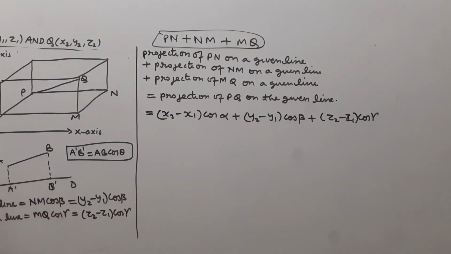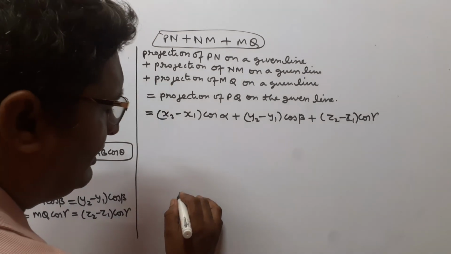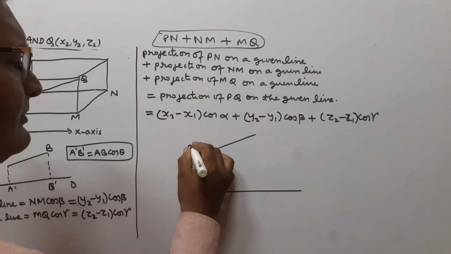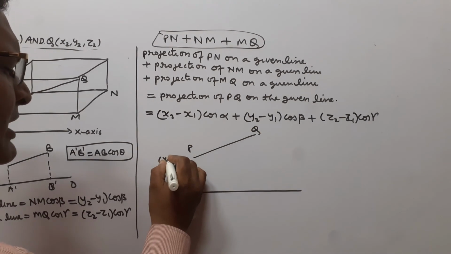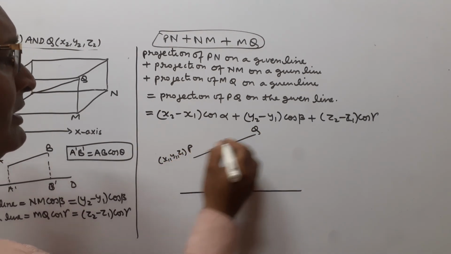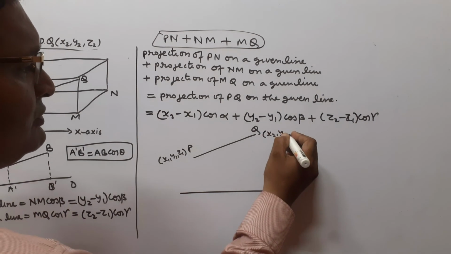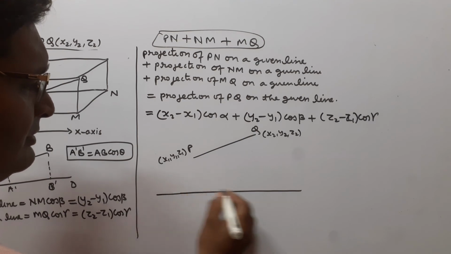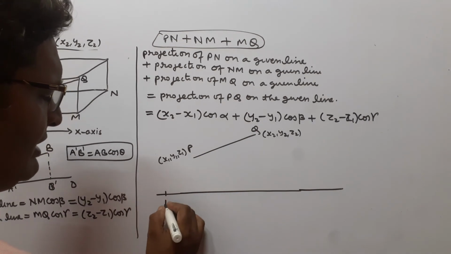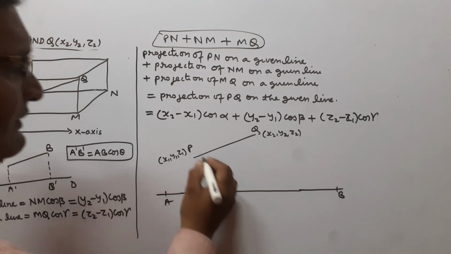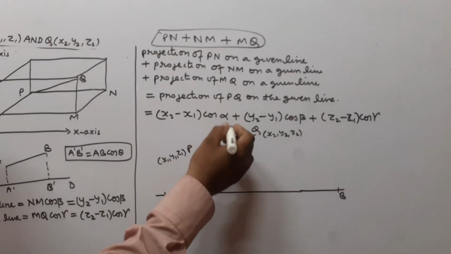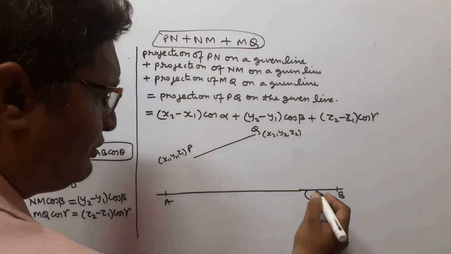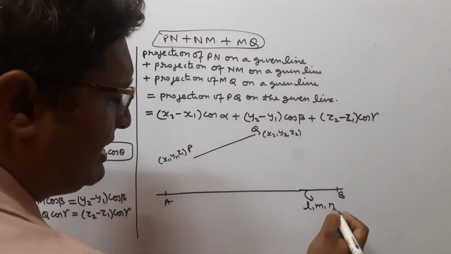Suppose this is the PQ line, this point is x1 y1 z1 and this point is x2 y2 z2, and suppose this is any line AB, and we have to find the projection of PQ line on AB line. The direction cosines of this AB line are given by l, m, n.